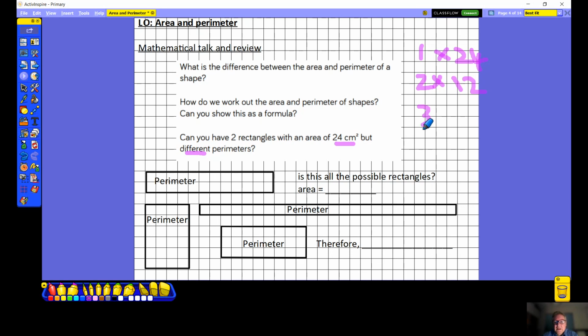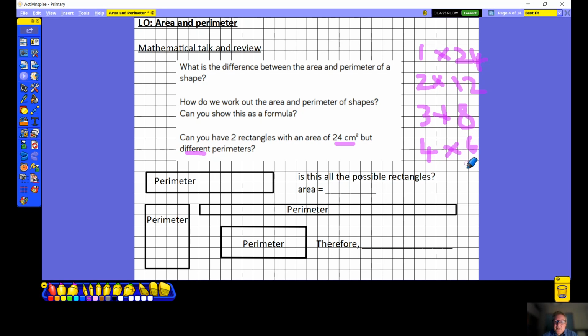3 times 8 is 24. 4 times 6. 5, no. 6, we've already got. 7, no. 8, we've already got. 9?